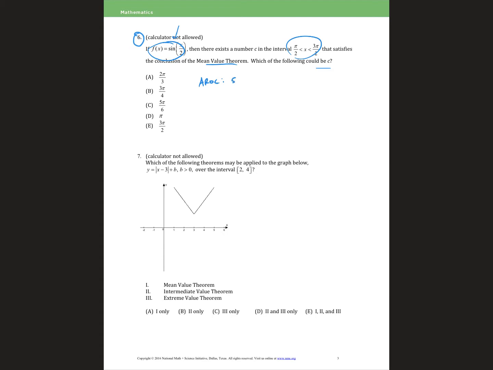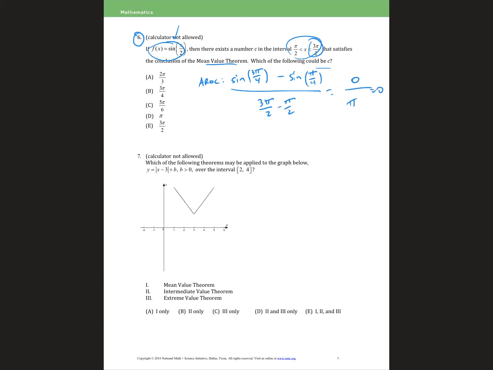So I'm going to find the sine of 3 pi over 2 divided by 2, minus the sine of pi over 2 divided by 2, over 3 pi over 2 minus pi over 2. Now, sine of 3 pi over 4 and sine of pi over 4 are both root 2 over 2, so that's going to be 0 on top, over pi, which is just 0.